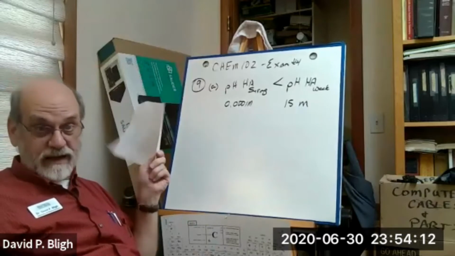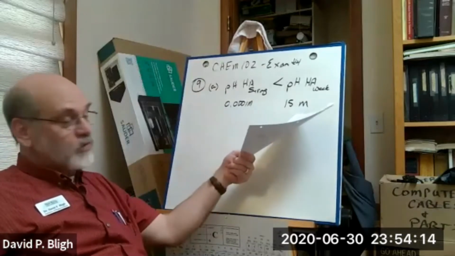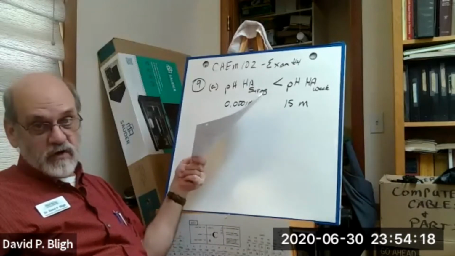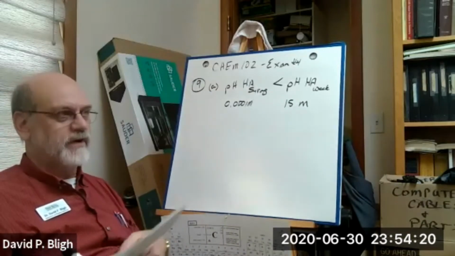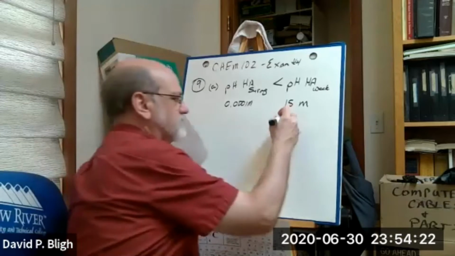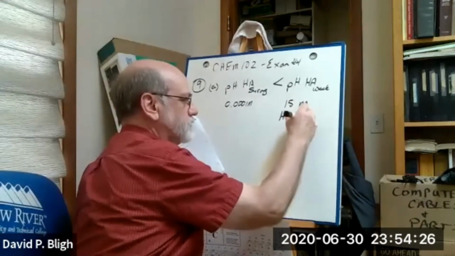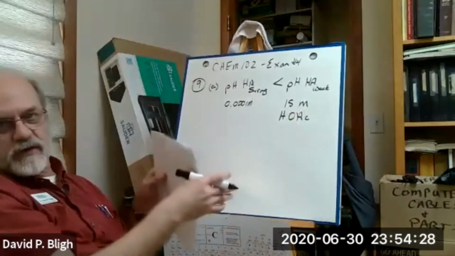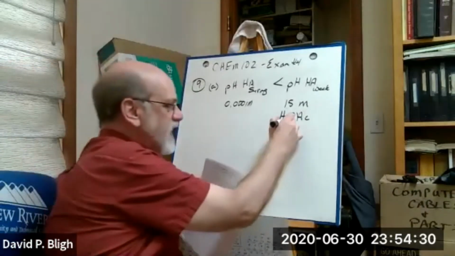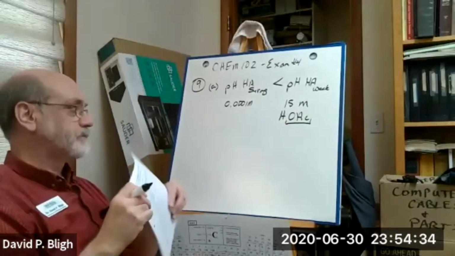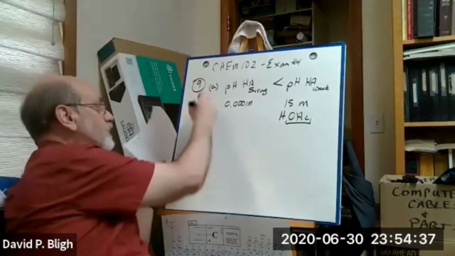In that case, the pH of the weak acid would be much lower than the pH of the strong acid. Right. For instance, let's say 15 molar acetic acid. Right. That's my abbreviation for acetic acid. That's the acetate ion, and there's your proton. Okay. So that was false.